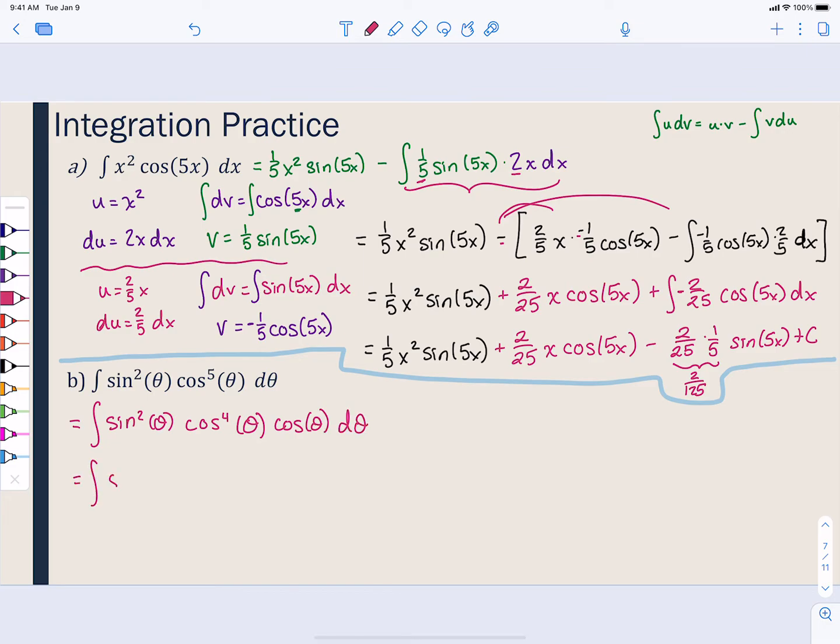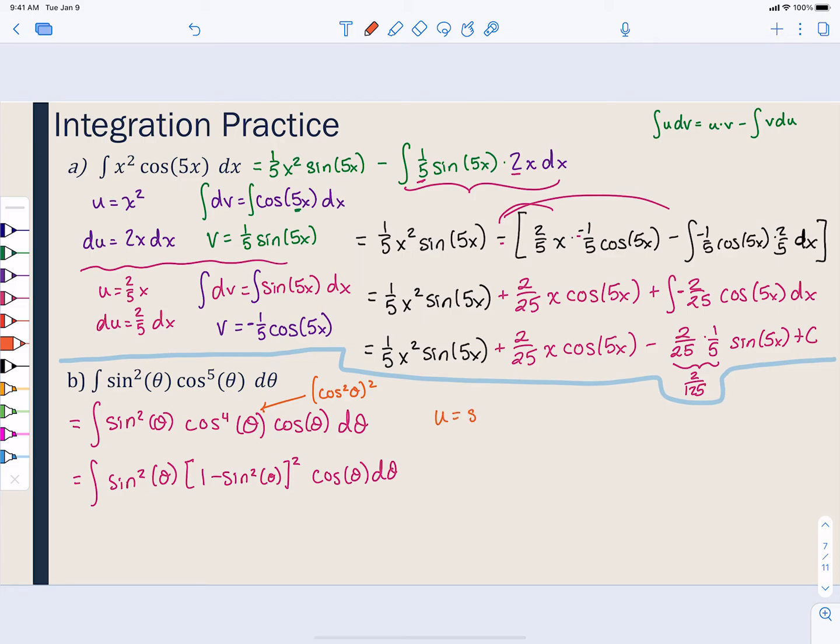And maybe in this step here, we'll also change that cosine to the 4th power to be 1 minus sine squared of theta, being squared. So remember our little substitution trick that we're doing at that step is we're writing cosine squared of theta being squared, and then we're replacing that cosine squared with our 1 minus sine squared.